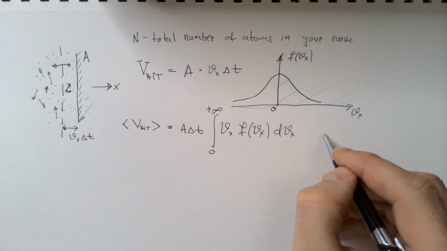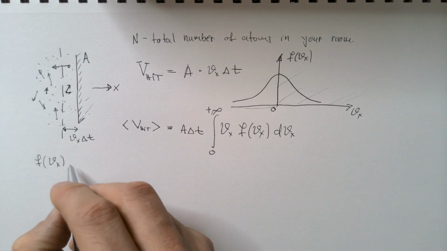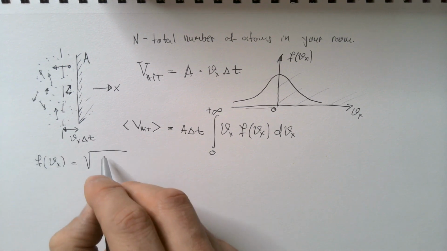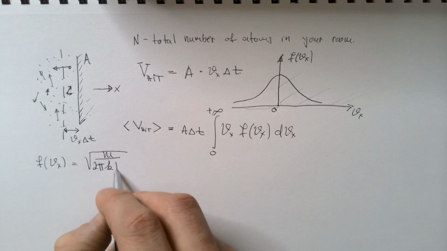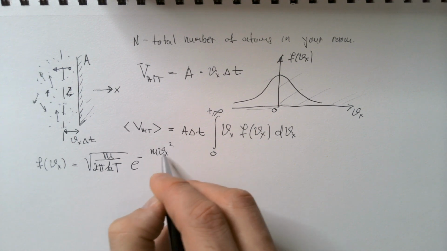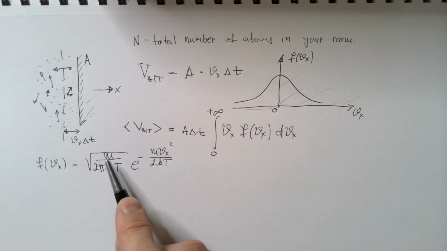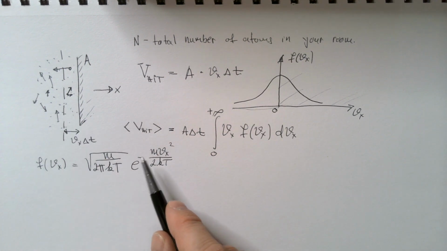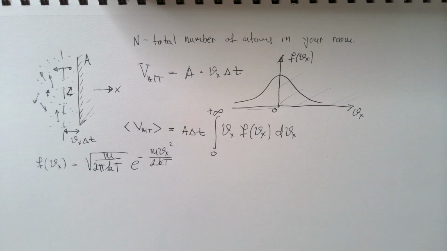That should be logical. We know this distribution from my video on Maxwell-Boltzmann distribution: f of Vx is equal to the square root of m divided by 2 pi kT, times e to the negative m Vx squared divided by 2kT, where m is the mass of these atoms, T is absolute temperature in Kelvin, and k is the Boltzmann constant, 1.38 times 10 to the power negative 23 joules per Kelvin.